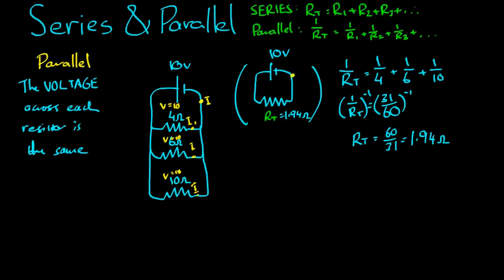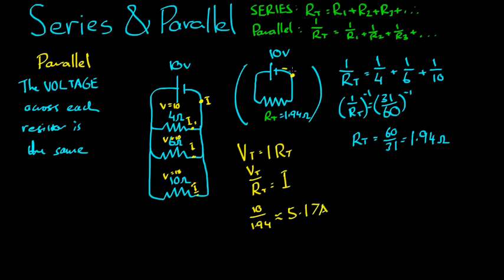So to find the total current, we can apply VT equals I RT, rearranging to get I by itself. VT on RT equals I. 10 on 1.94 is around about equal to, now I've used the unrounded version of RT, 5.17 amps.